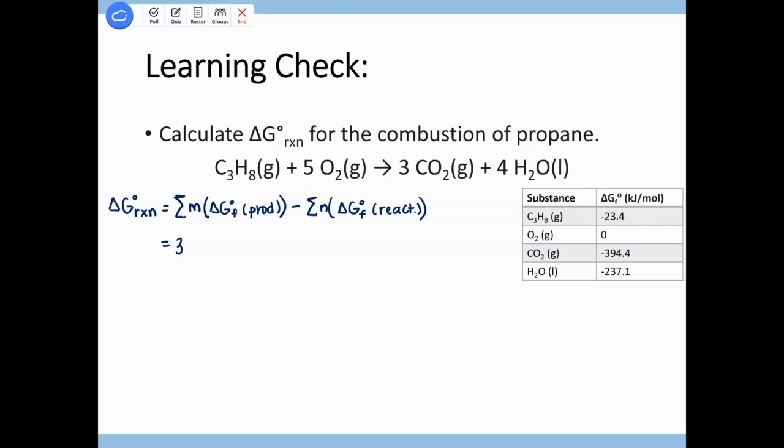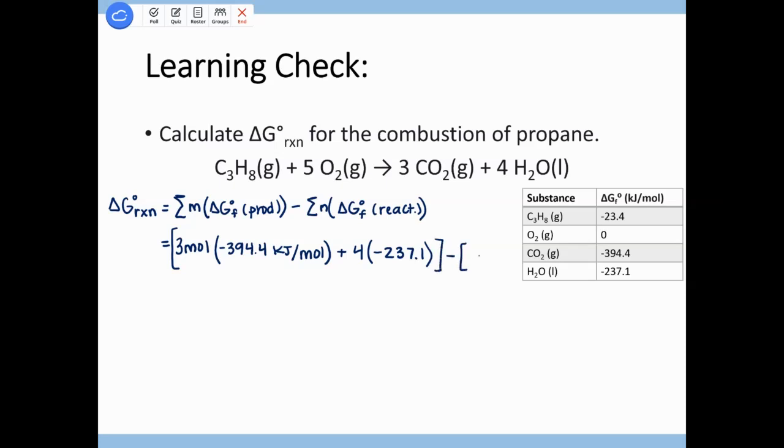I'll start with carbon dioxide. We have 3 moles carbon dioxide times its delta G of formation, negative 394.4 kilojoules per mole. So our final units will be kilojoules. I'll leave out units for the rest. Then we have 4 times delta G of water, negative 237.1. And that's all the products.